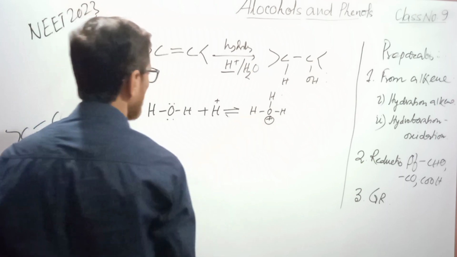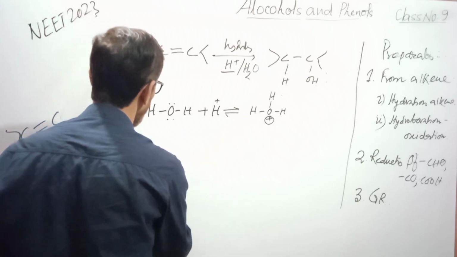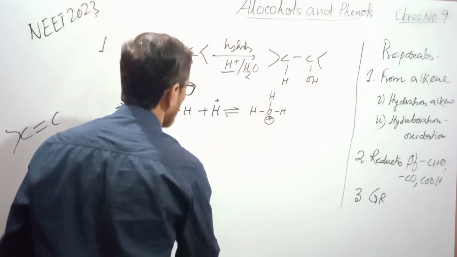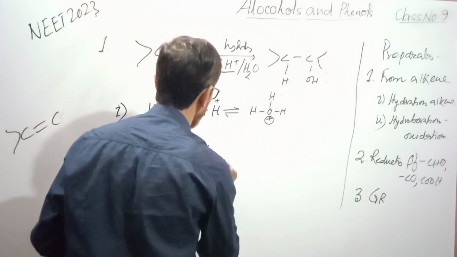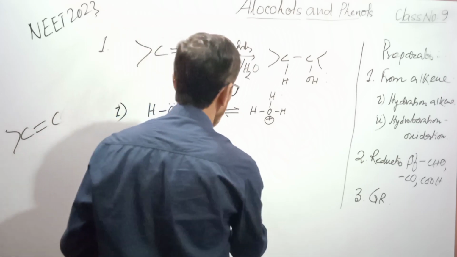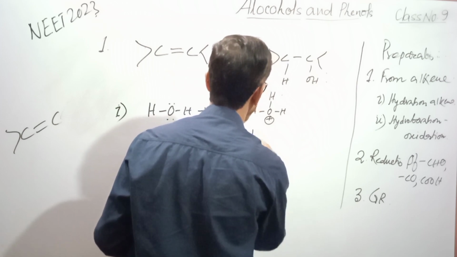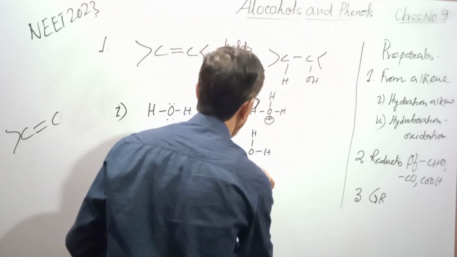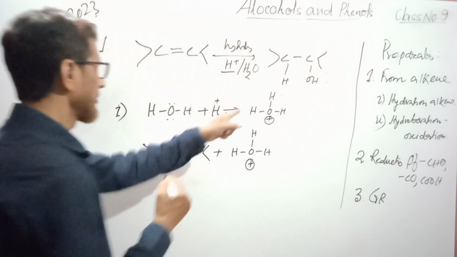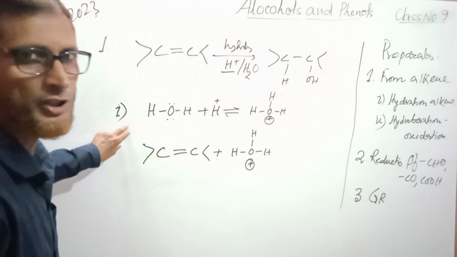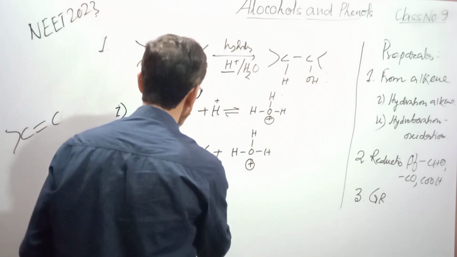Now this hydronium ion, this is your alkene, am I right? And this is the hydronium ion already produced. This step is the protonation step. So what's happened here?